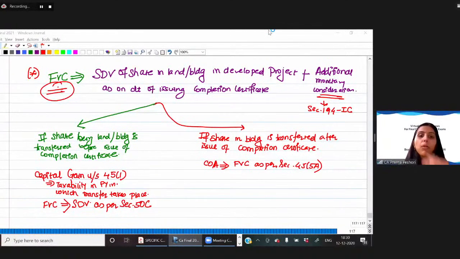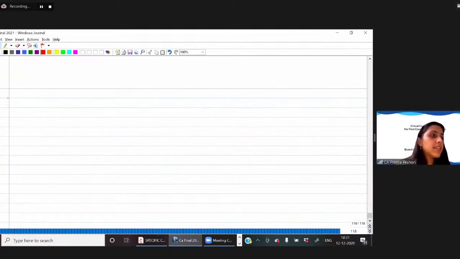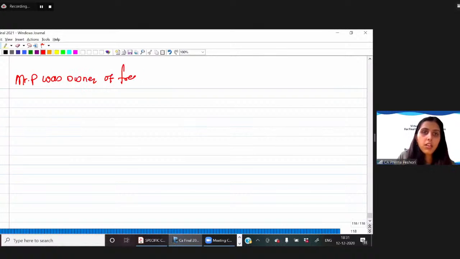Let's solve a sum on this. You will have to solve. I'll give you the sum that will make your understanding very clear. So let's try and solve the sum on this. Mr. P was owner of freehold land.